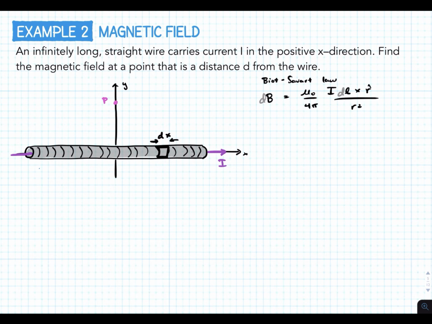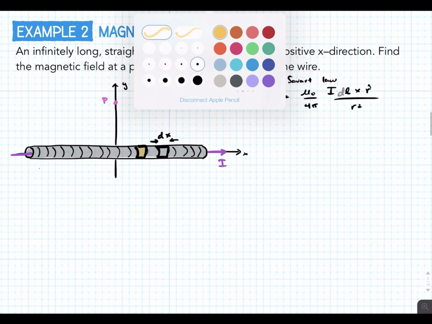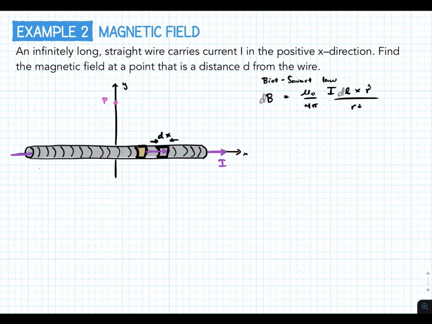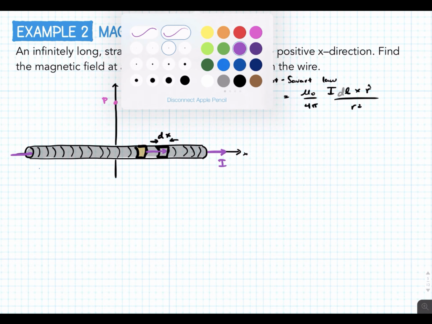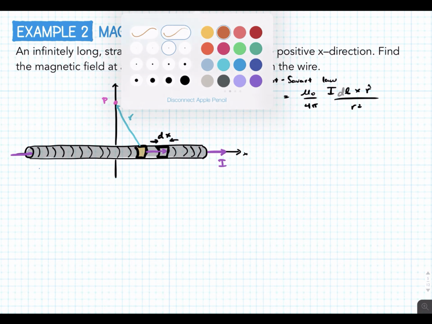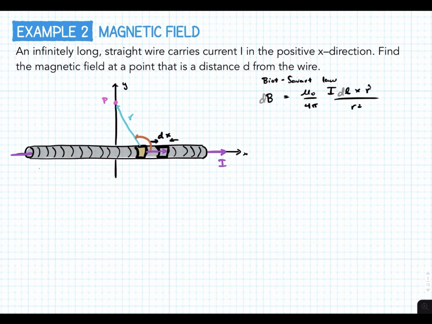The other thing we want to remember is for each of these little guys, let's draw another one. Let's say here's our little dude. Okay, for each little guy there, we have our current, which points in this direction, and then we have our R, which points in this direction, and that leaves us a theta, which looks like this.